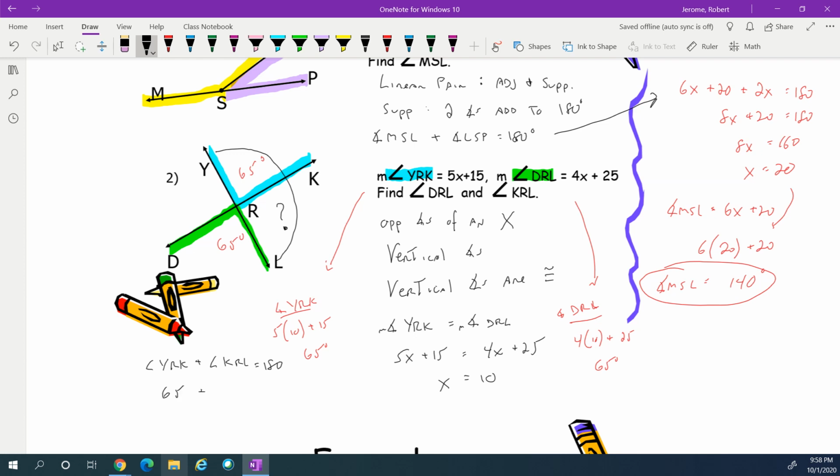So 65 plus angle KRL equals 180, which means angle KRL equals 115. And then again, that's degrees. So we have our two answers that they asked for. There's multiple steps. This is problem solving. One definition leads us into another. Find x, plug it back in, step back, and reassess what you actually have to do.